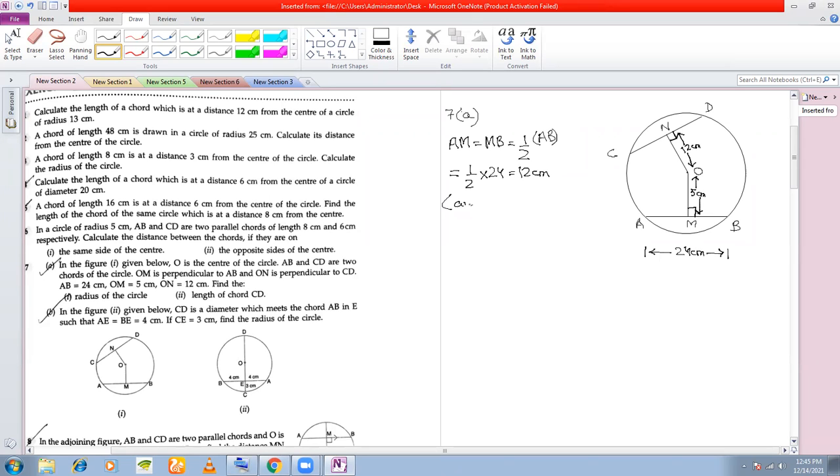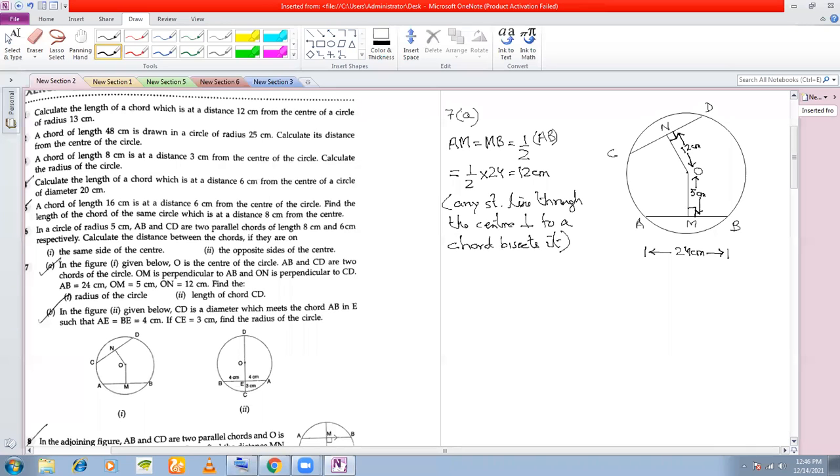The reason is, any straight line through the center perpendicular to a chord bisects it. So we have found out the length of AM and MB.